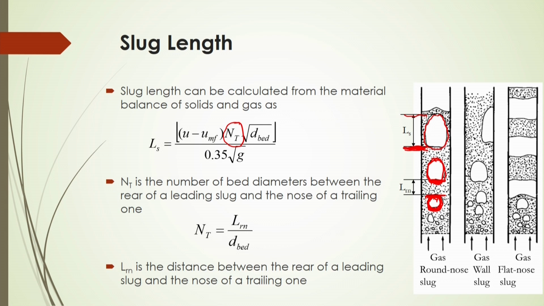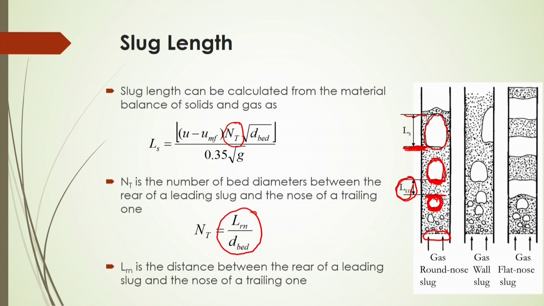And here Nt is defined: if you know this gap between these two bubbles or slugs, denoted by Lm, then the number of bed diameters between the rear of the leading slug and the nose of the trailing one is obtained by dividing this length by the diameter of the bed, giving the number of bed diameters.